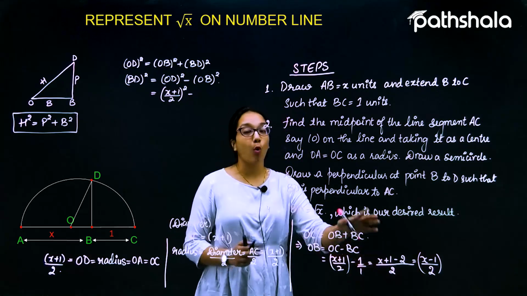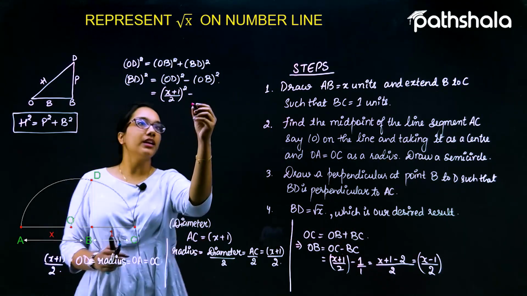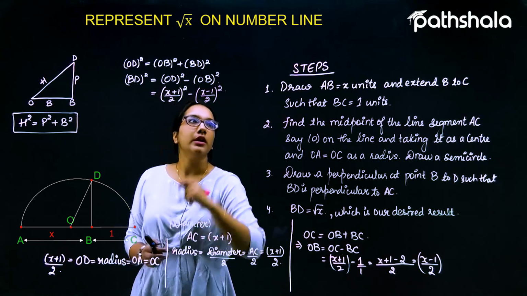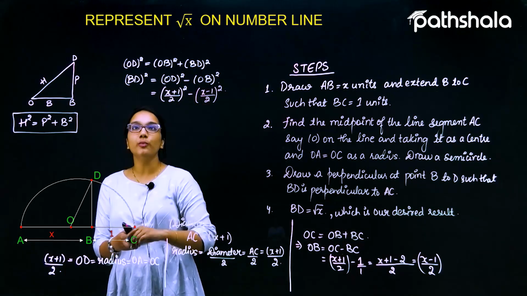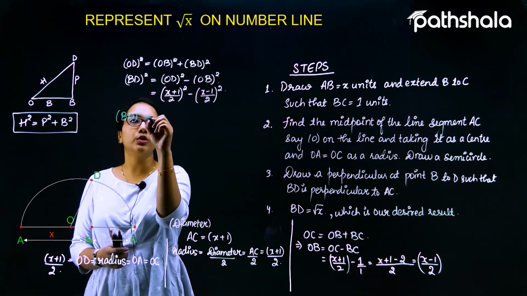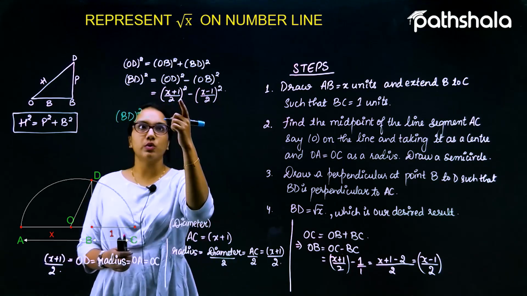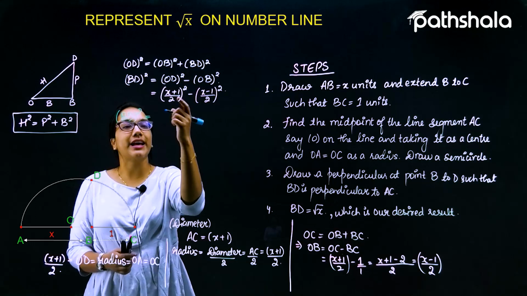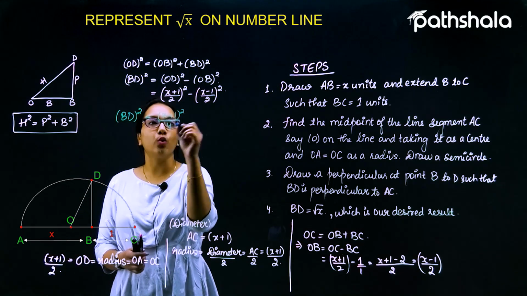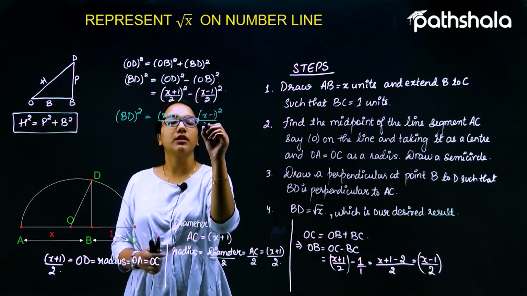So substitute the value of OB in this particular equation. OB's square will be x minus 1 by 2 whole square. Now just solve this. BD's square will be equal to x plus 1 by 2 whole square minus x minus 1 by 2 whole square. Let me expand it as x plus 1 whole square divided by 2 square, which is 4, minus x minus 1 whole square divided by 2 square, which is 4.